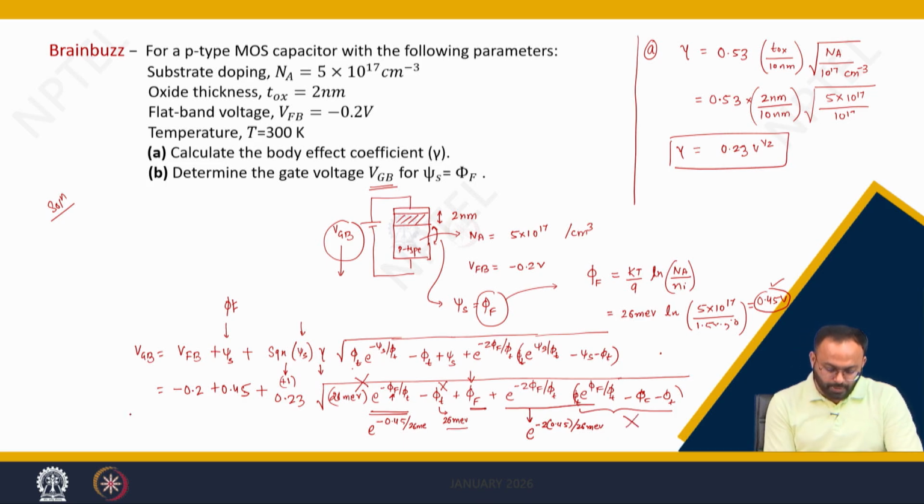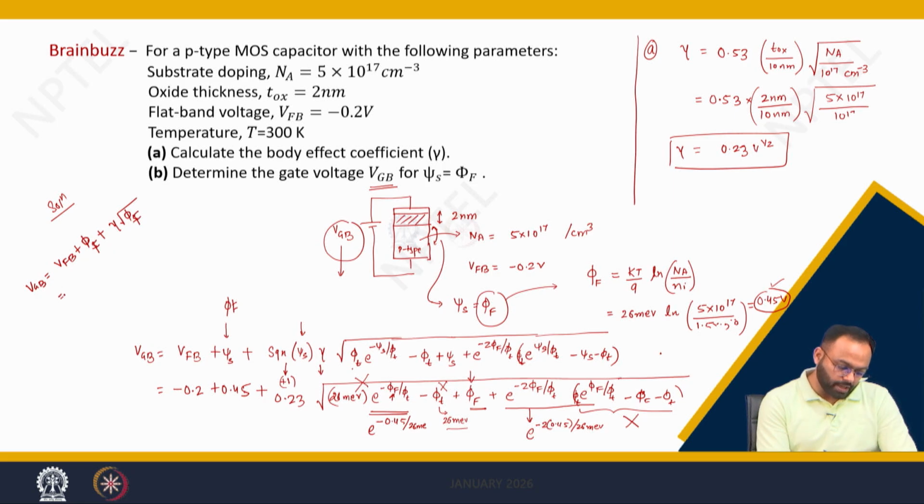Ultimately, you can simply rewrite VGB as V flat band voltage plus psi s plus gamma root of psi s. In this case, psi s is nothing but phi f.